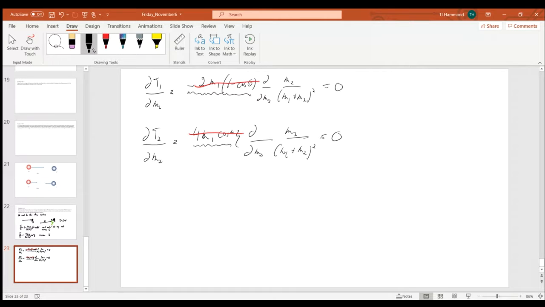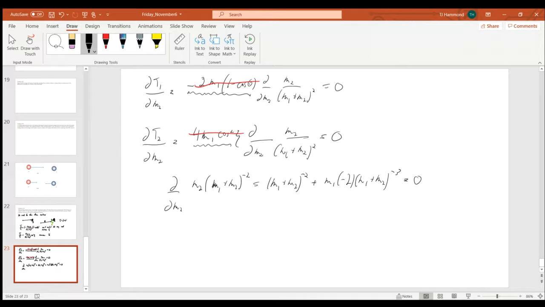So what you get is d by dm2 of m2 (m1 plus m2) to the negative 2, which is (m1 plus m2) to the negative 2, plus m2 times negative 2 (m1 plus m2) to the negative 3, and that's equal to 0.